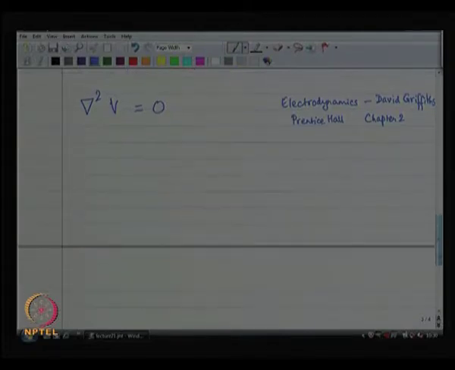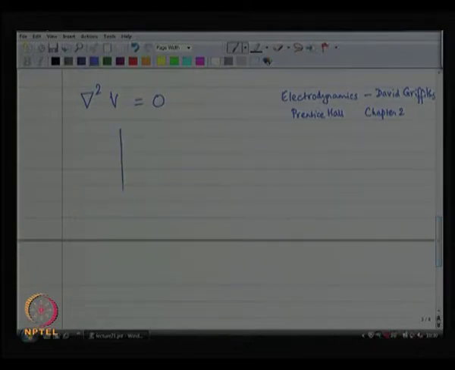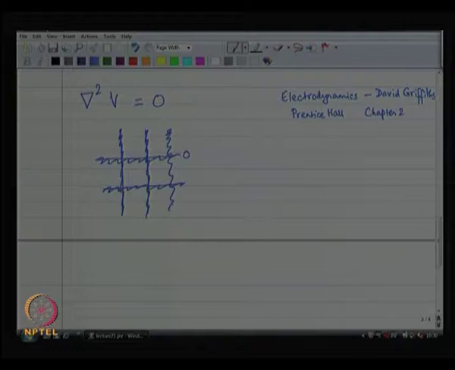This is a classic textbook, and some of the common problems solved are when you have a grid which is all equipotential. So, let us say these are all metal structures, all connected to 0 volts.